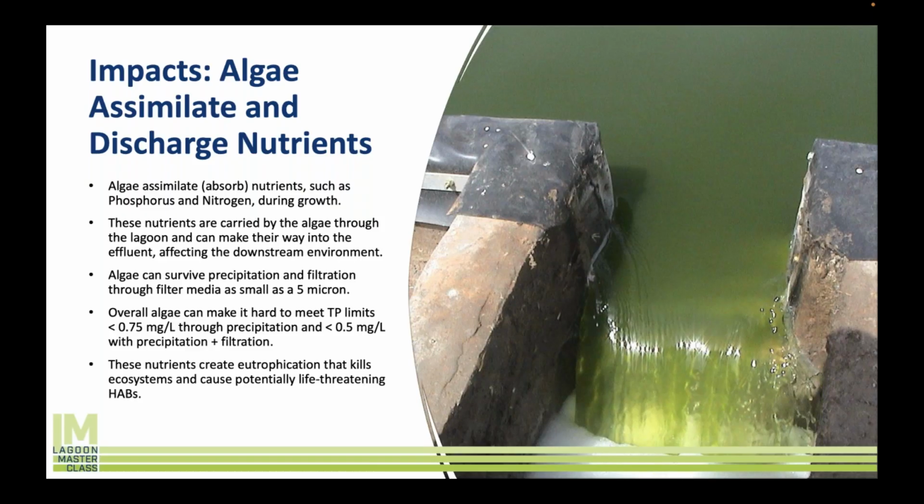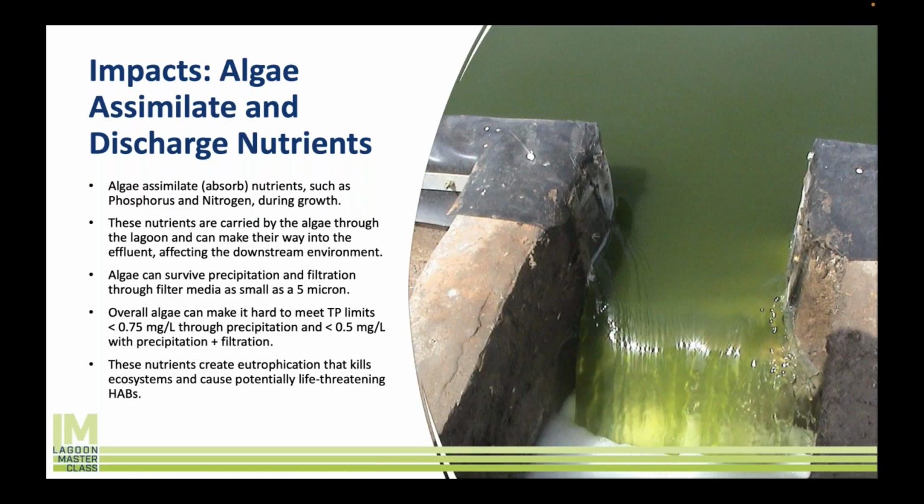Some of the other things is, while algae does assimilate the nutrients, the phosphorus and the nitrogen into its cell wall, and that in some ways is a good thing, because then those nutrients can flow out of your effluent, as you can see here, and flow downstream, and they don't accumulate in your lagoon as much. They also have an impact on the downstream environment.